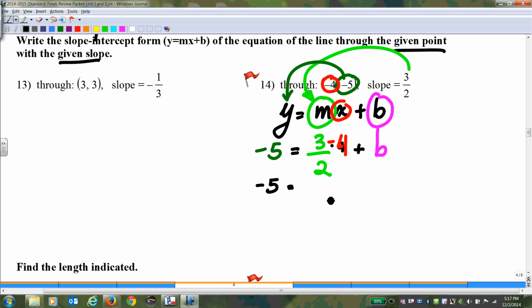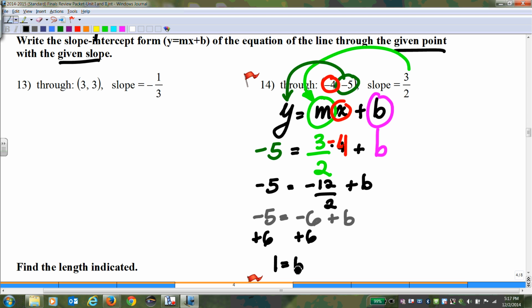This is 3 times -4, that's going to be -12/2 plus b. We're going to keep going. This is -5. 2 goes into 12, that's -6 plus b. We want to solve, so we're going to add 6 to both sides. We get +1 equals b.